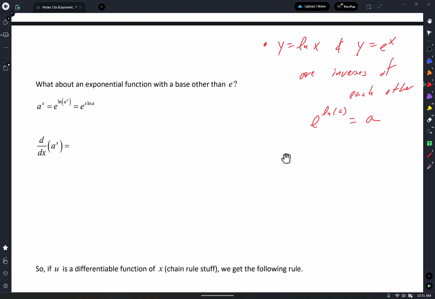Or if I do something like ln of e to the power 5, you just get 5, using the power rule, bringing the 5 up. That's what it means that they're inverses of each other. You could also say e to the ln of x equals x.